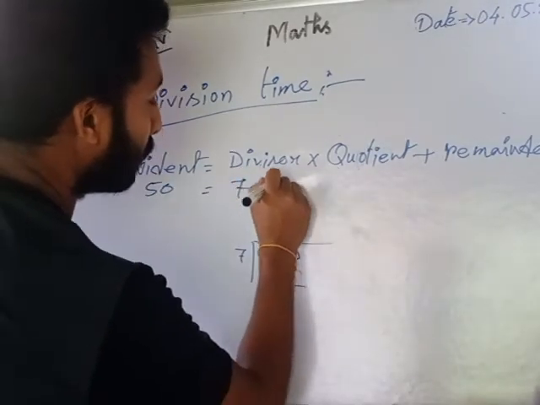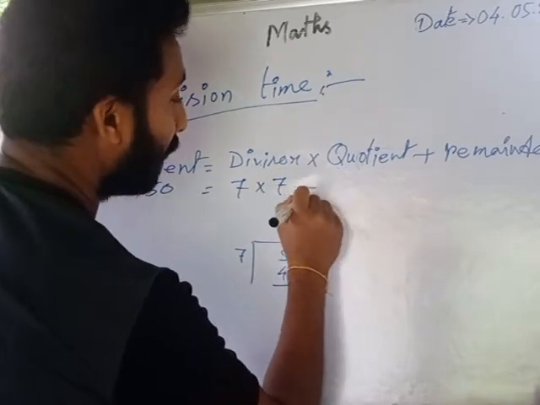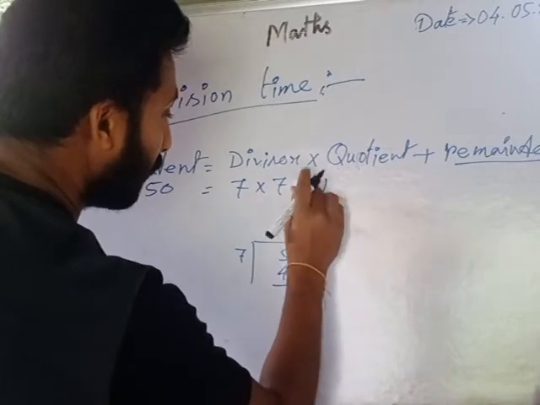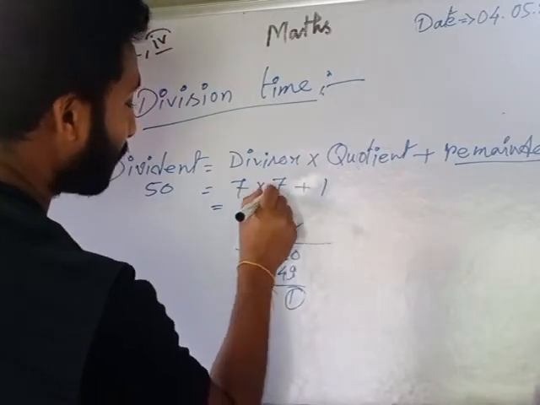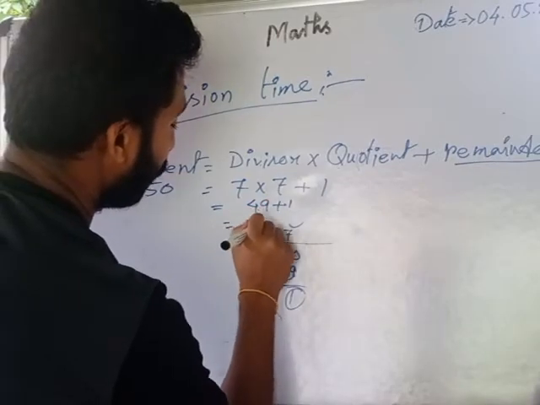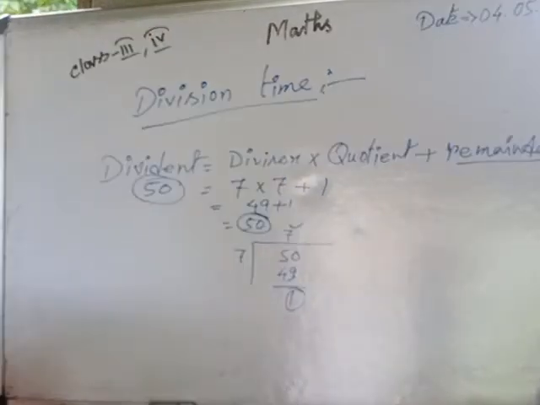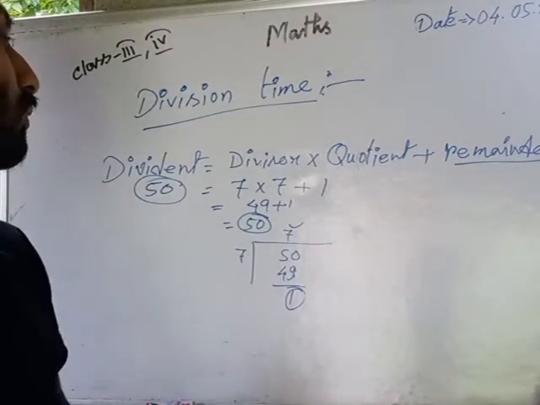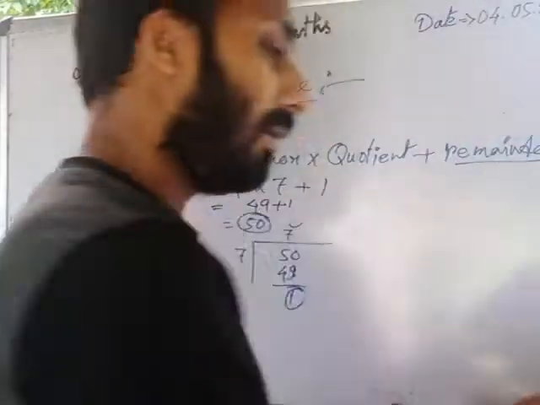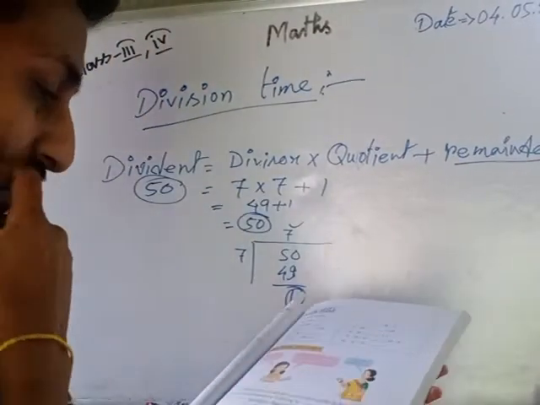Quotient is also 7, plus, or addition with, the remainder. Here 1 is the remainder. 7 sevens are 49 plus 1, that is also 50. That means dividend is equal to divisor multiplied with quotient plus the remainder.